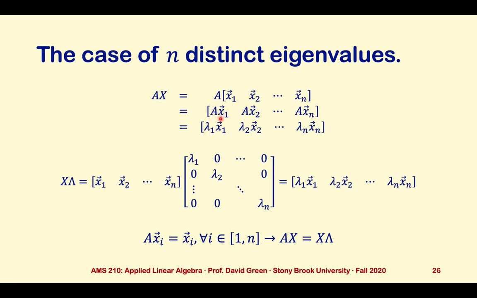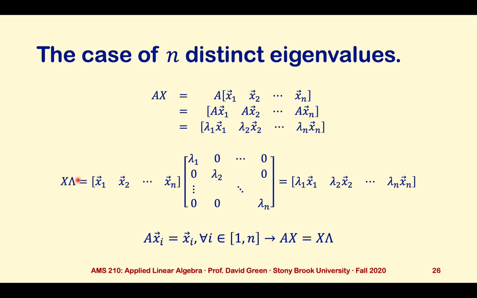Which, of course, since this is one part of the eigenvalue equation for each of the eigenvectors, can be replaced with lambda 1 x1, lambda 2 x2, and so on. A times X gives us a matrix of left-hand sides, which can be substituted with the appropriate right-hand side.